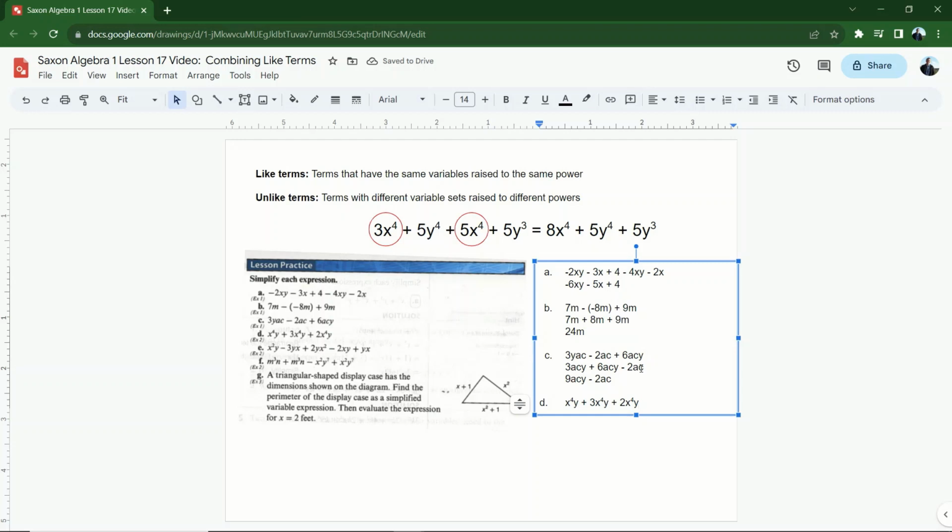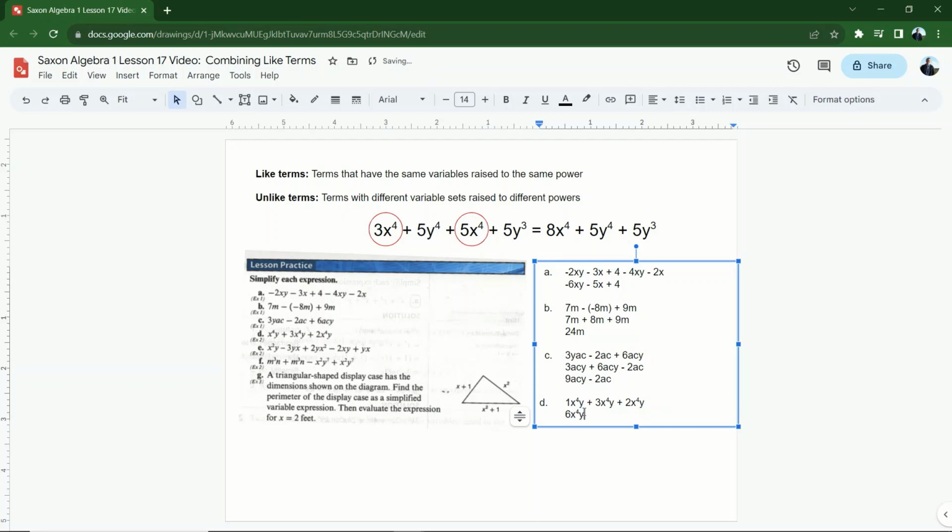The only thing that's different is the coefficients. I'm also noticing that this first number doesn't have a coefficient, so that means it has an implied coefficient of 1, okay? So this is just going to be the problem 1 plus 3 plus 2. 1 plus 3 is 4, plus 2 is 6. This is going to be the same thing when I simplify it as 6x to the fourth y.